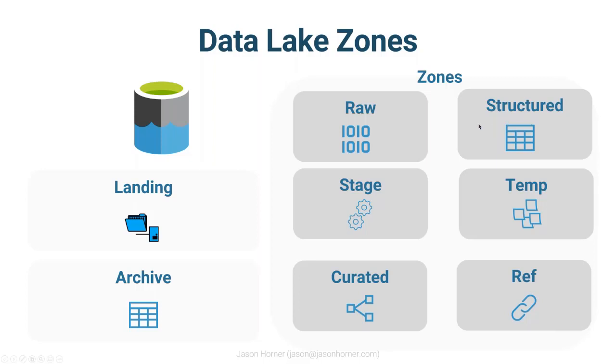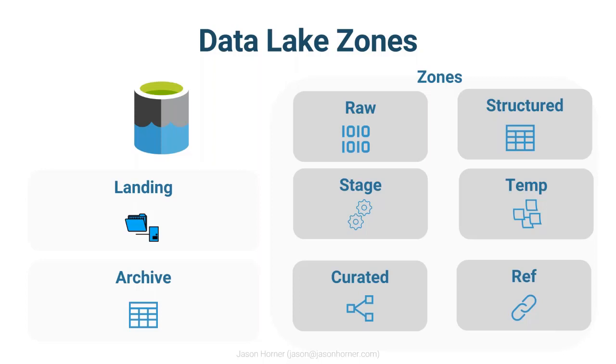That structured zone would store the data in more of a tabular format. It might do some data transformations, so it might sharpen the data types, converting strings into dates or into integers, those kinds of concepts. You might implement that as a Hive meta table inside of Azure Databricks, for example, or it could just be a Parquet file in your data lake. So you've got some options there, right?